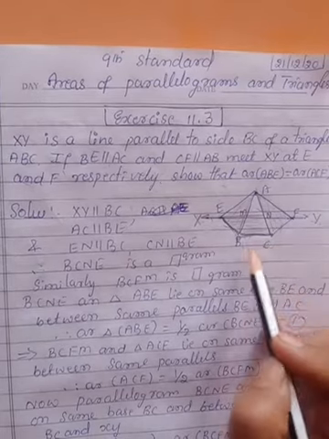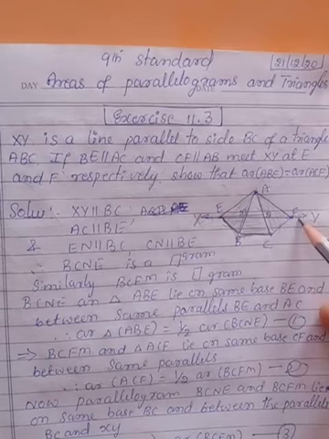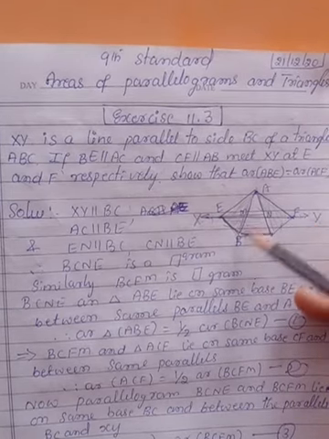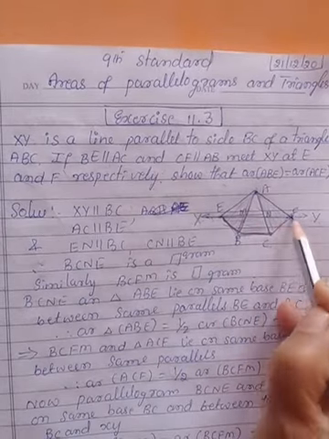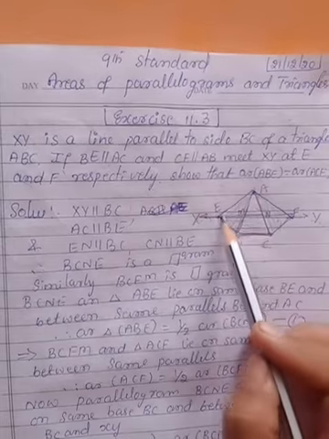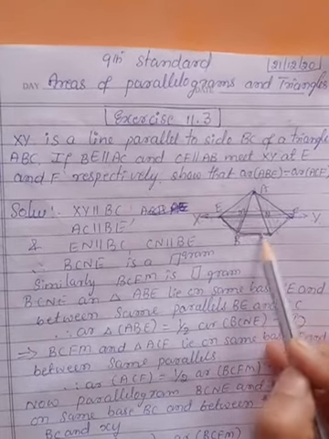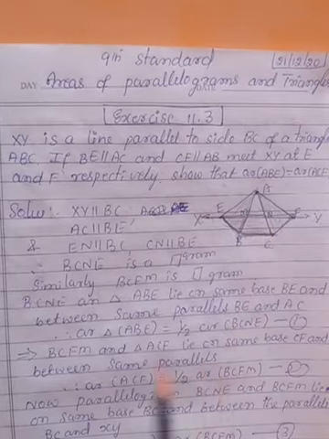Similarly, on this side also, BC is parallel to MF, and already we know that CF is parallel to AB, which is BM also. That's why even BCFM will become a parallelogram. Two parallelograms we got, this is one and this is one, and they are on the same base BC and between the same parallels.